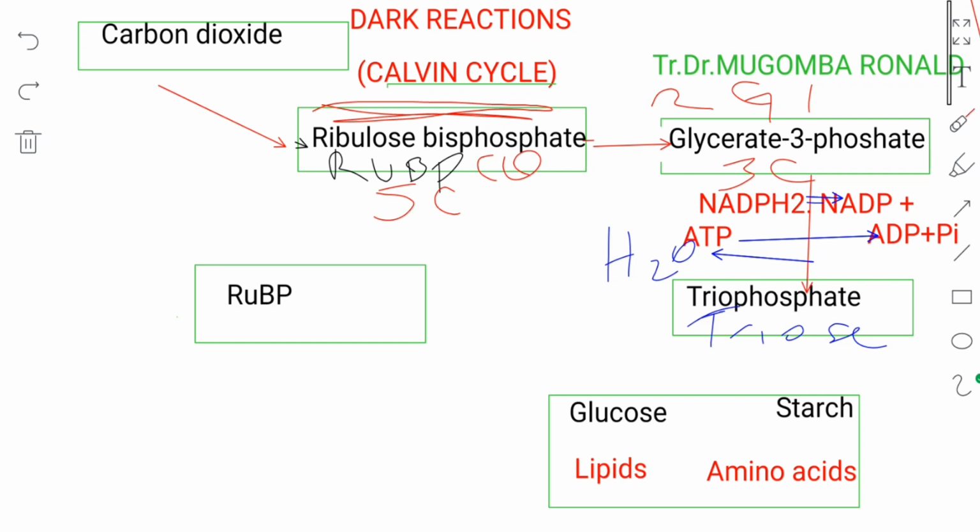After that is done, we have the triose phosphate. This triose phosphate can be used directly to produce energy in respiration, but it can also be dimerized to form glucose.